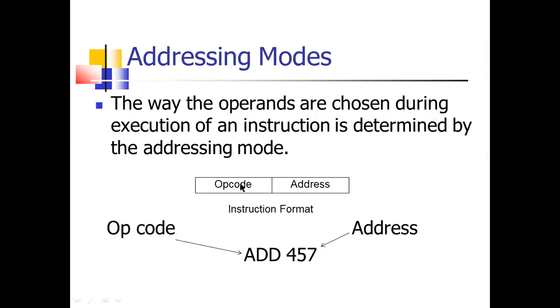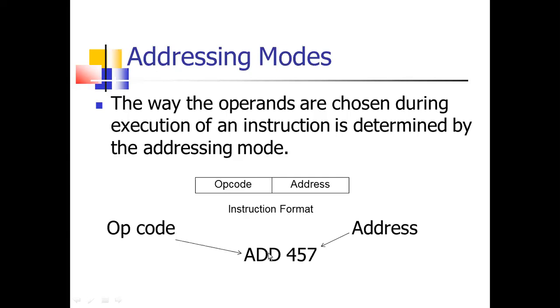OP code is the operation part of the instruction, and address is basically the operand over which the instruction will be operated upon. For example, add 457. It will be represented in binary form consisting of 2 components, OP code and address.